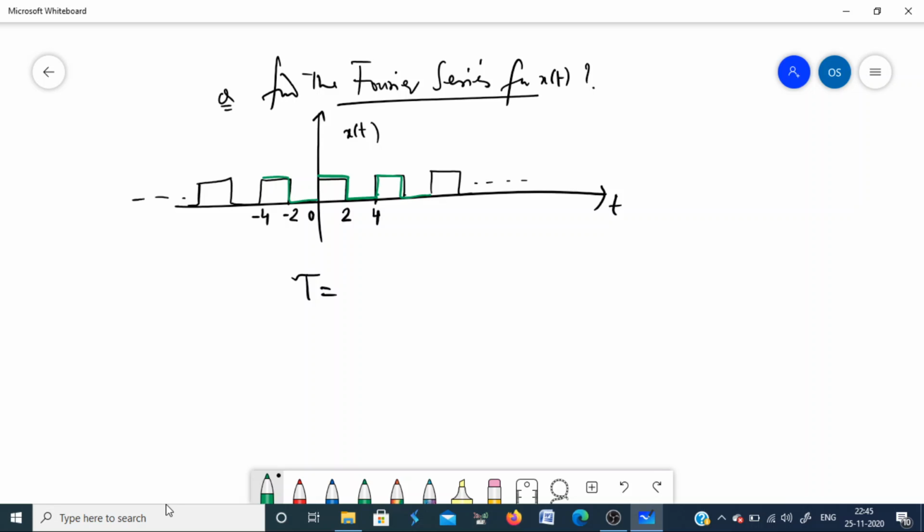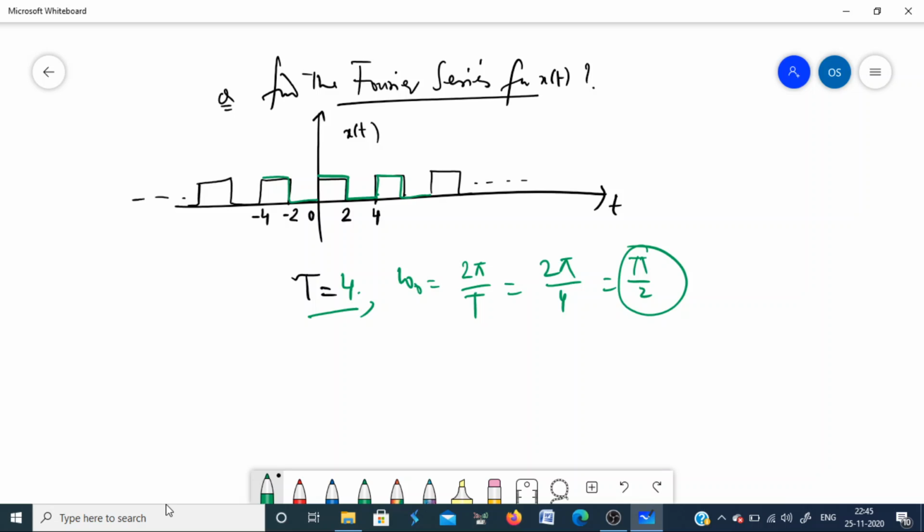So the time period for this is 4. It means omega naught is simply 2 pi by T, it is 2 pi by 4, it is pi by 2. So the fundamental frequency of the signal is pi by 2.